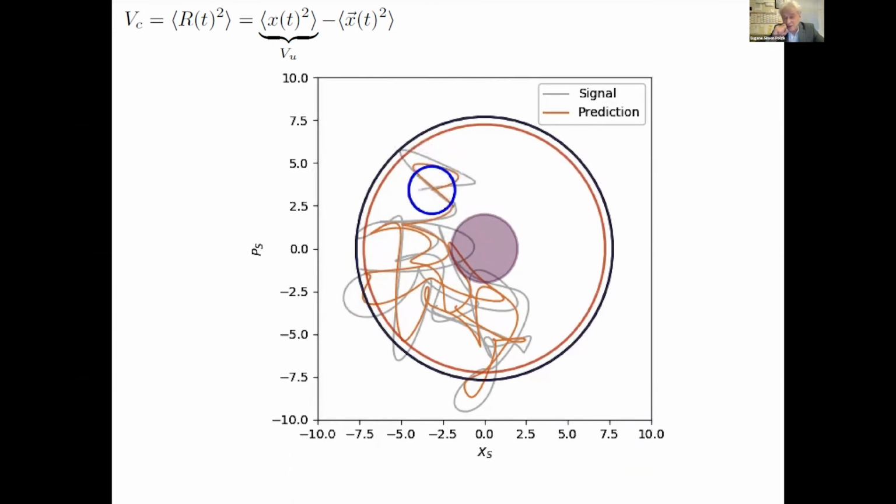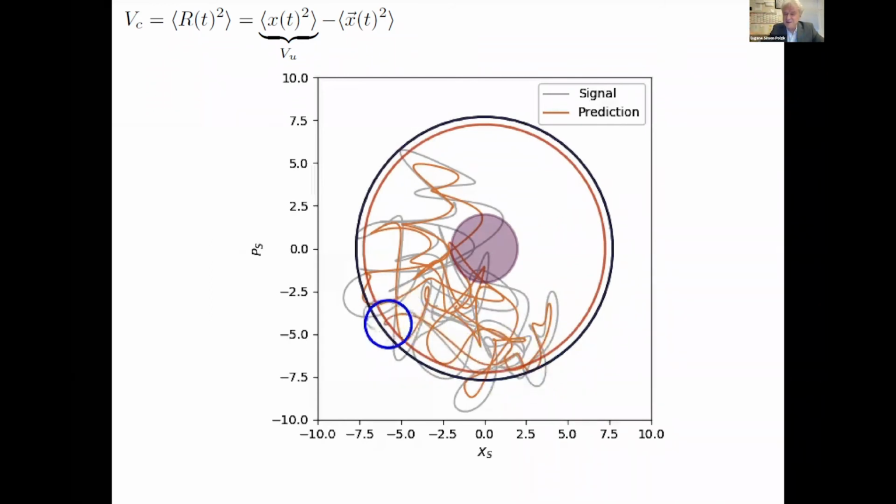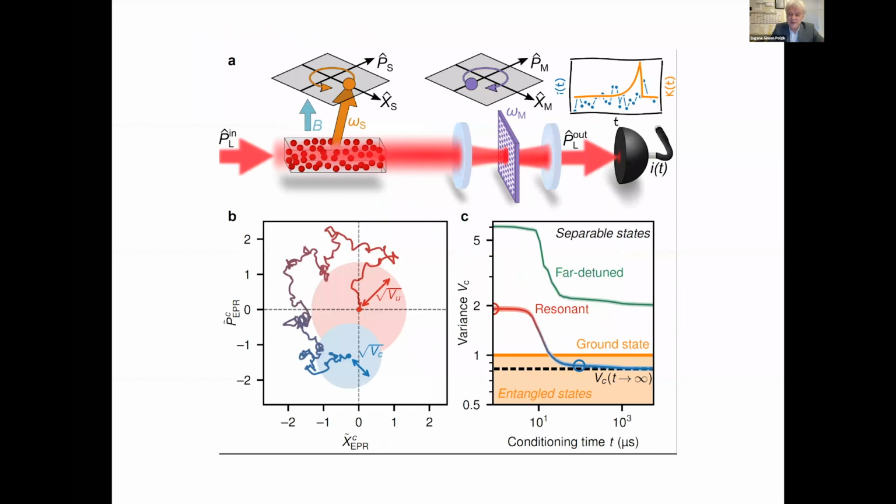So that essentially means that I can predict the trajectory of my system to better than the standard quantum limit of the uncertainty, and that amounts to entanglement. So this is the result of the entanglement.